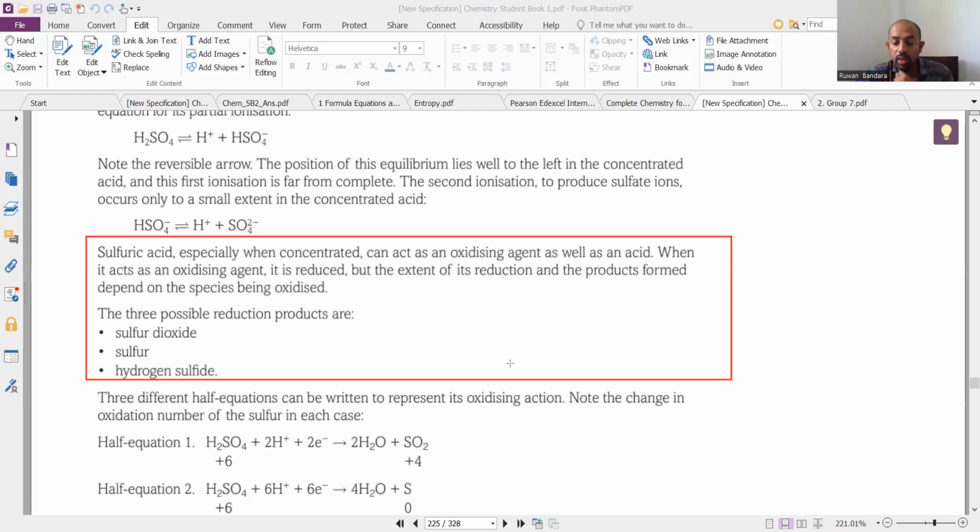To act as an oxidizing agent, it itself is reduced, and the extent of reduction depends on the species being oxidized. Here it is the halide ion.